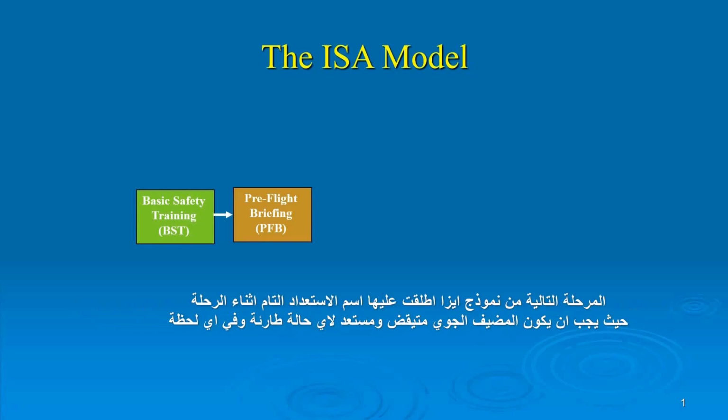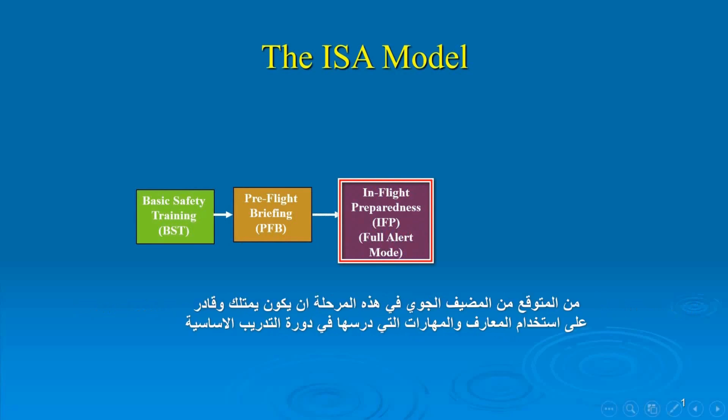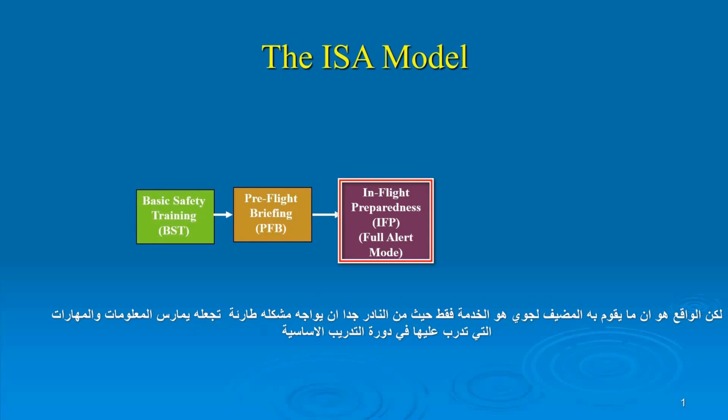The next stage, I call it in-flight preparedness, where the flight attendant should be in a full alert mood. Here the flight attendant is expected to consolidate the knowledge and the skills that he or she has acquired during the basic safety training. But the truth is that the flight attendant does service only.